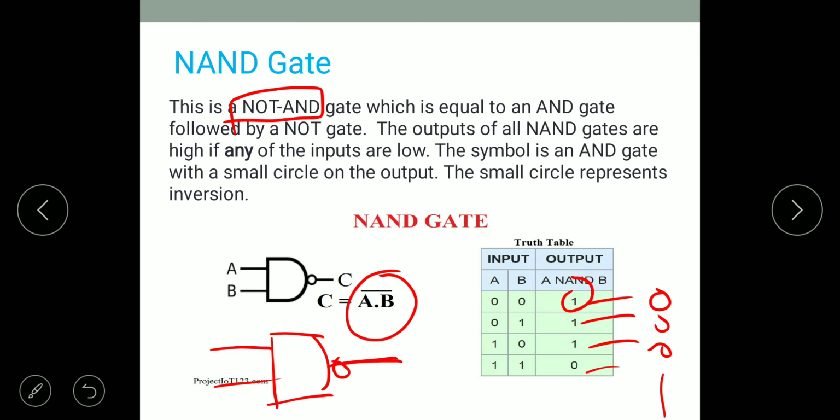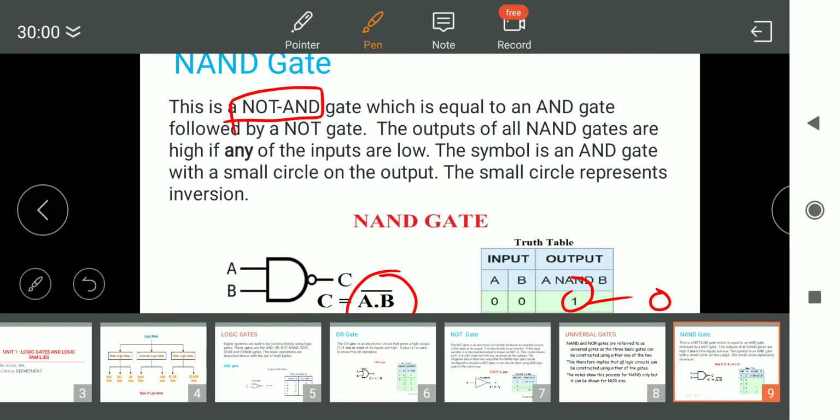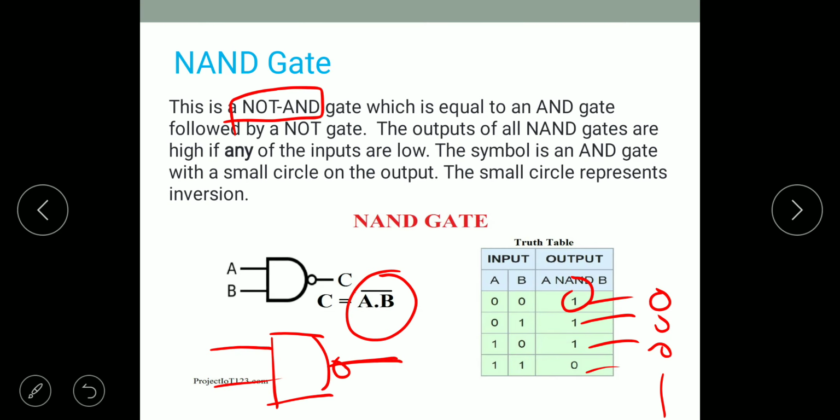Again 0 dot 1 is 0, but the bar shows not 0, so it is 1. Then 1 dot 0 is 0, but with inversion the answer is 1. Then 1 dot 1 for the AND gate is 1, but it is not AND, so it is 0.